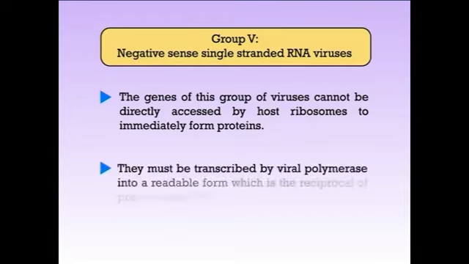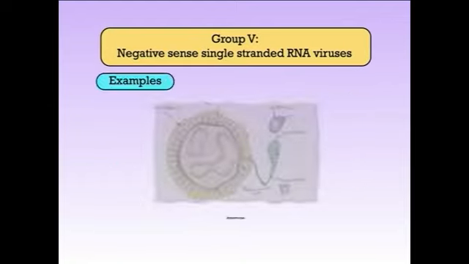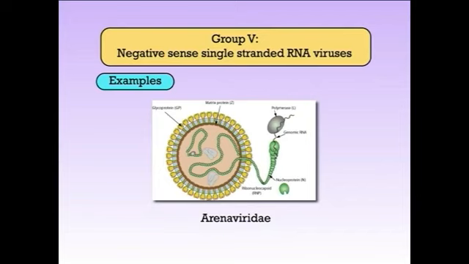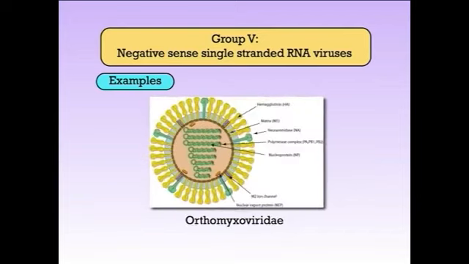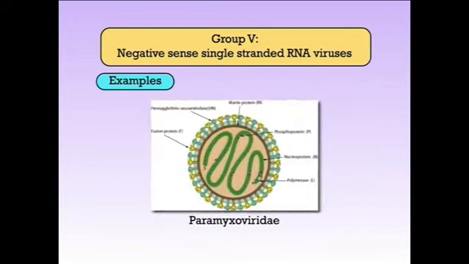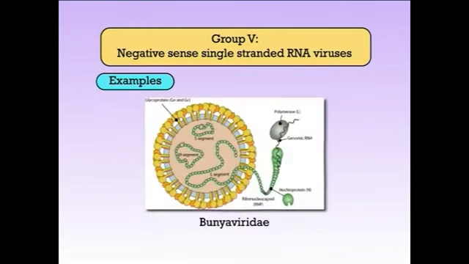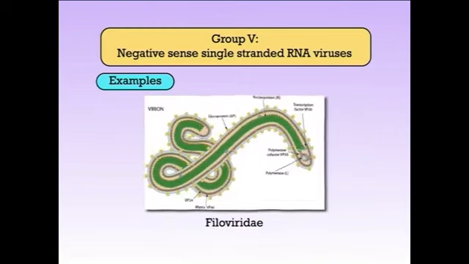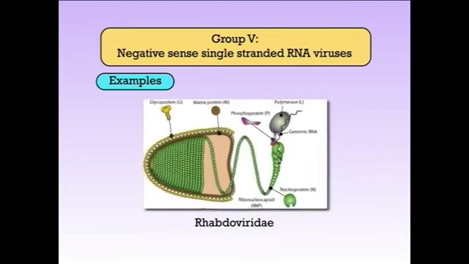So, they must be transcribed by viral polymerase into a readable form, which is the complement of the negative sense RNA. Arenaviridae, Orthomyxoviridae, Paramyxoviridae, Bunyaviridae, Filoviridae, and Rhabdoviridae are the families that come under this group.